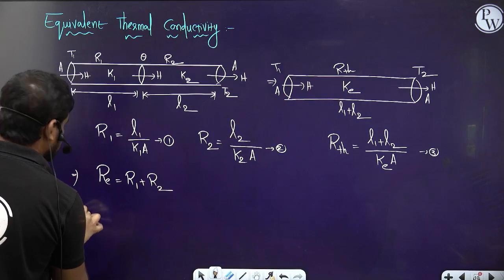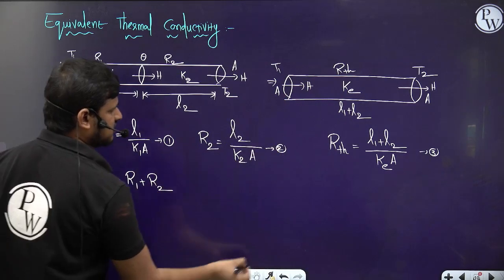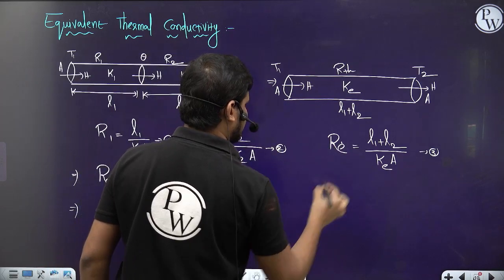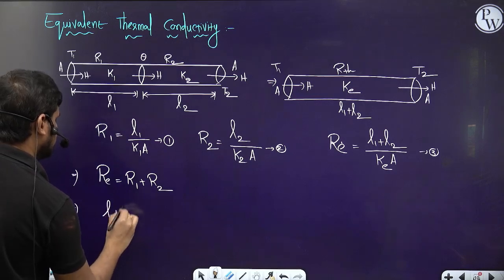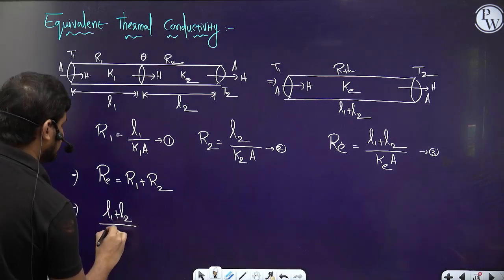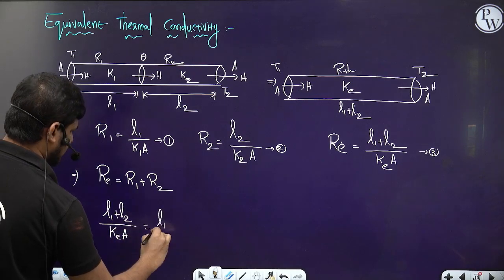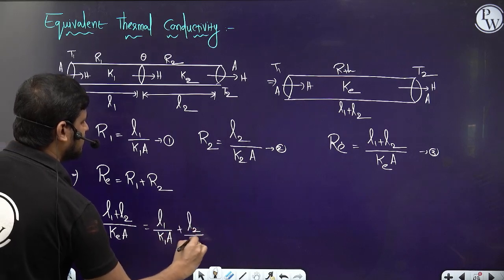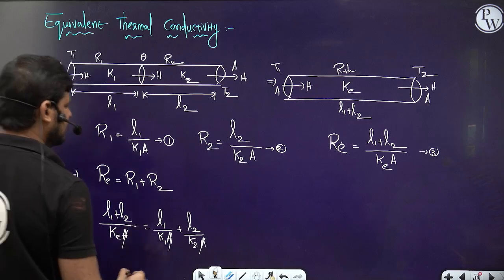So R equivalent is L1 plus L2 by KeA, which is equal to L1 by K1A plus L2 by K2A. So A gets cancelled.